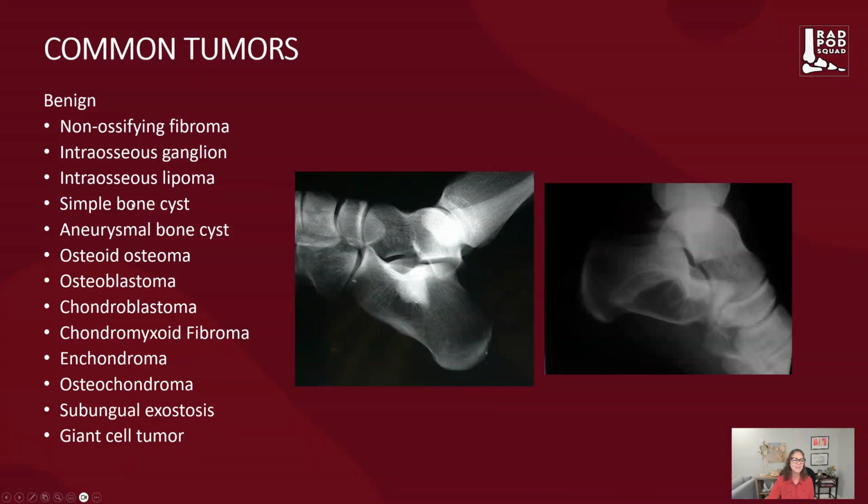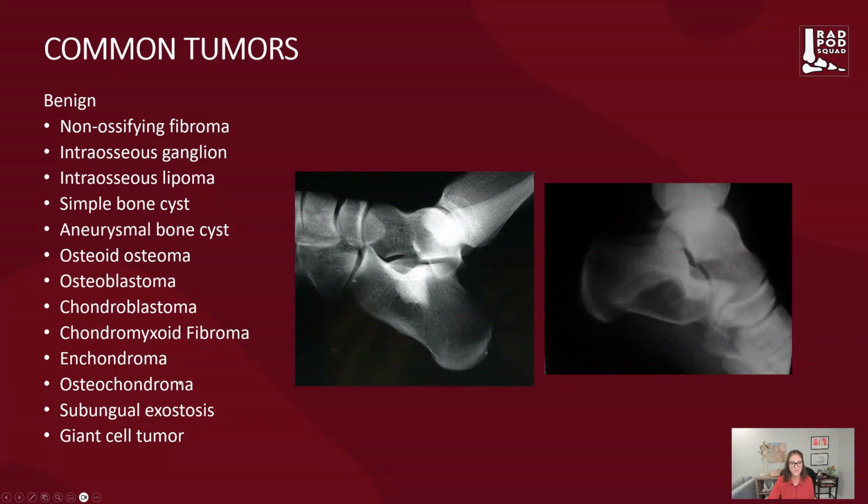We went through simple bone cysts, aneurysmal bone cysts, looking at osteoid osteomas and the larger version, cousin, the osteoblastoma. Looked at some chondroblastomas, rare chondromyxoid fibromas, very common enchondromas, osteochondromas, and some of the multiple hereditary syndromes such as Ollier's and Maffucci's. We took a look at some variant cases of subungual exostosis and the Nora lesion, and finished up with giant cell tumor.